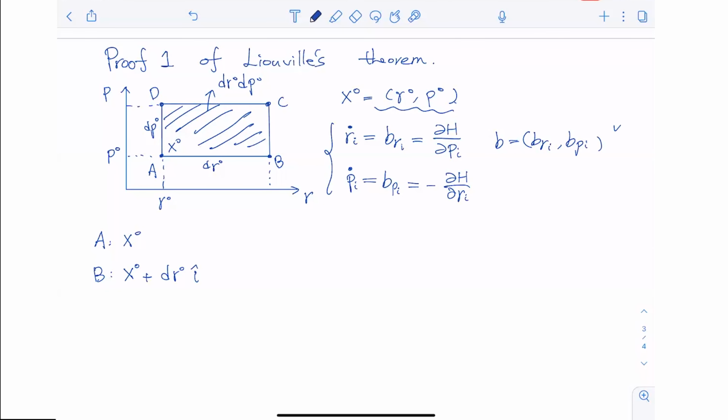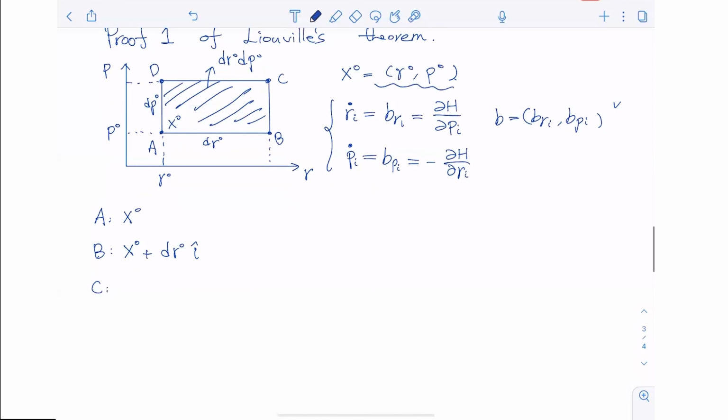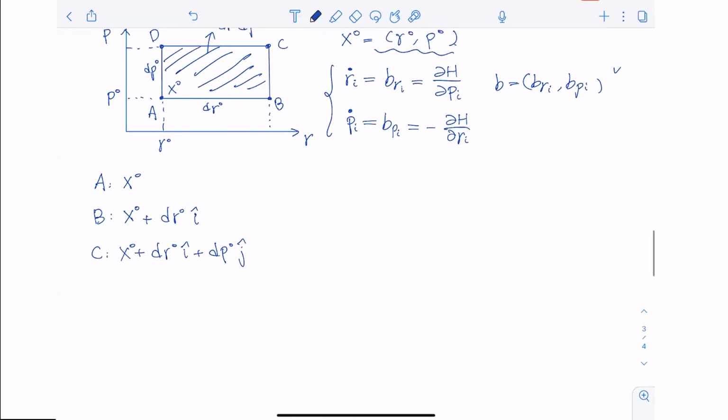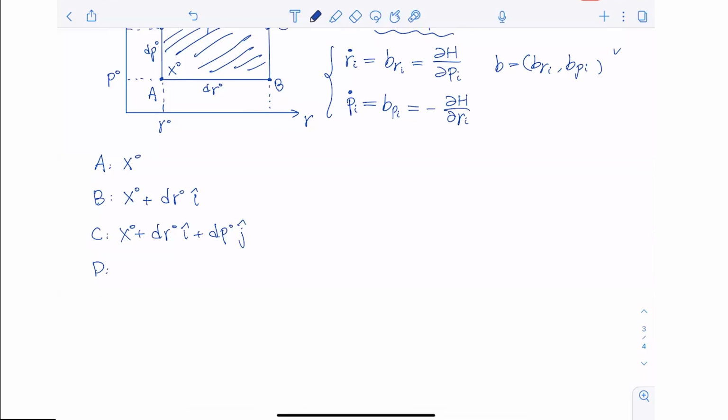Let me use i to denote the unit vector along the r direction. And C is x naught plus dr naught i plus dp naught j. That should also be straightforward, so I'll just write it down.